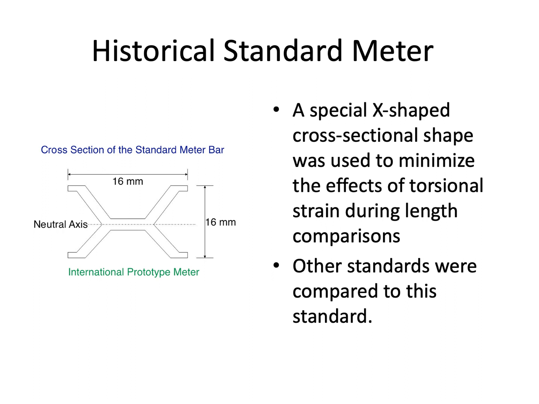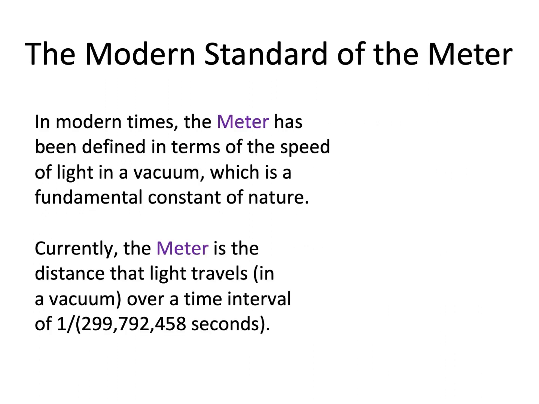But of course now we have a much better technology that enables us to measure the length of the meter much more precisely, and in terms of fundamental constants that don't change. Currently, the meter is defined in terms of the speed of light in a vacuum. And that means when there's no matter present.